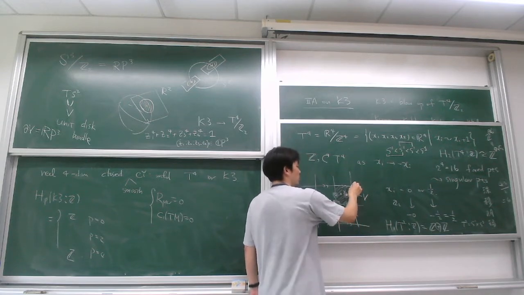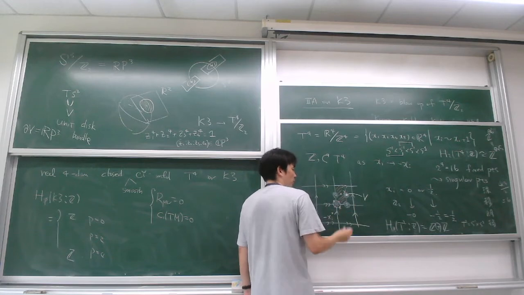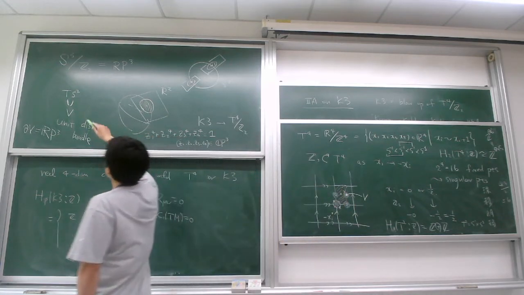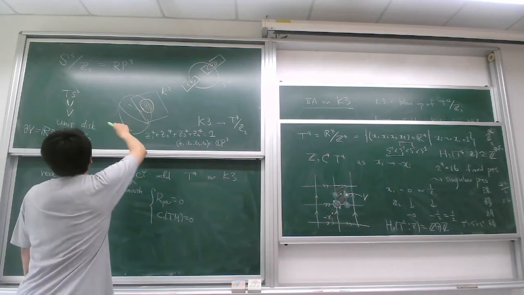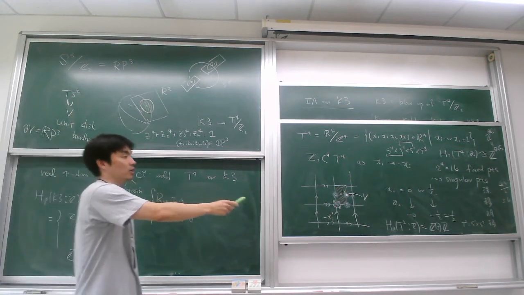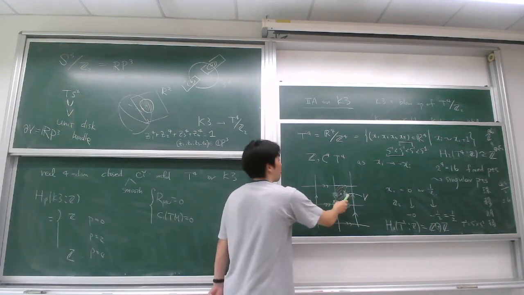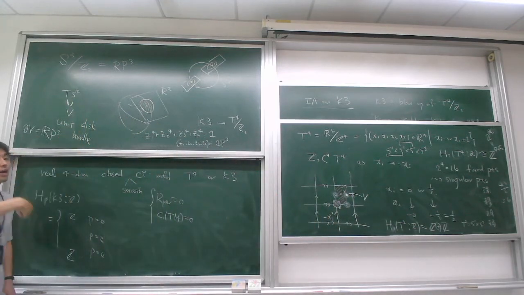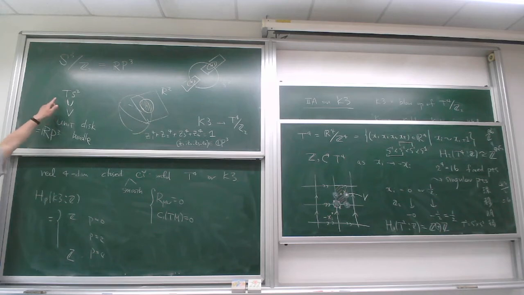But here, we fill in the unit disk bundle inside here. If you look at this one, it's just the unit disk bundle inside the tangent bundle of S2.